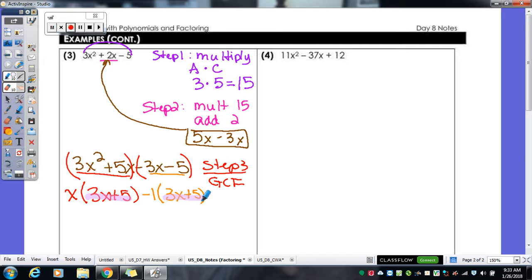Those have to match in order for you to do it right. So now what we do, and this is our last step, is the stuff in the parentheses, since those match, you write that once out in front. Your other parenthesis is the 2 things in front of them. And then this is your final answer.